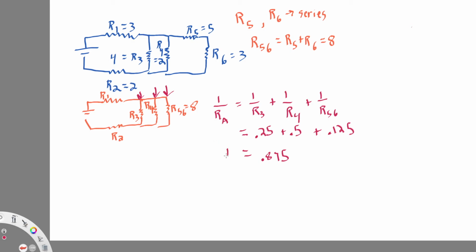Right, so 1 over... 0.875. Unless, wait, a fourth plus a half plus an eighth should be 7/8. Yeah, 0.875. I got 0.875. Okay. So that's 7/8. So when we take the reciprocal, it should be 8/7 of an ohm.